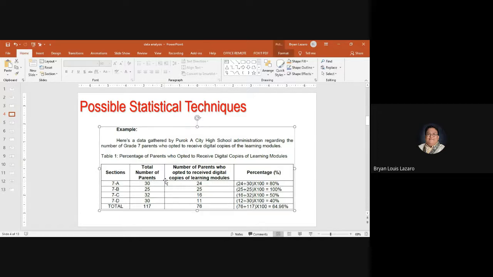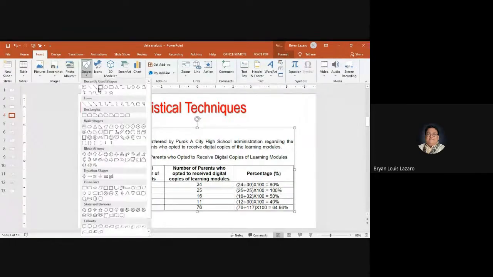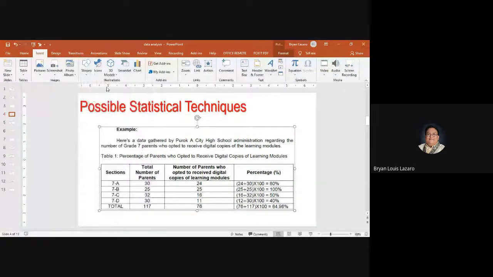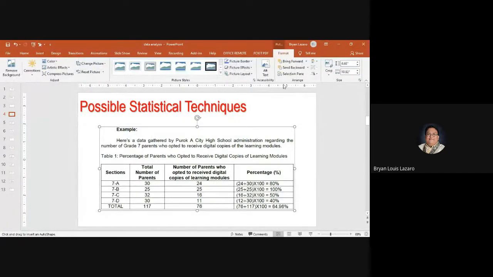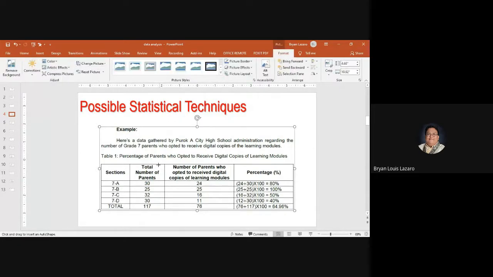Nakikita nyo ba yung aking pinupunto? Okay. So, halimbawa, 30. In your case, halimbawa, sa survey ninyo, meron kayong data. So 60 kayo halimbawa, 'di ba? Naka 60 kayo, total number of respondents 60.